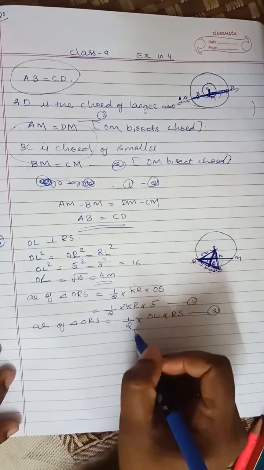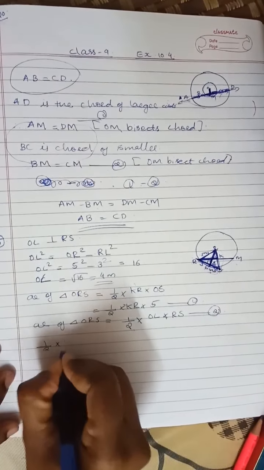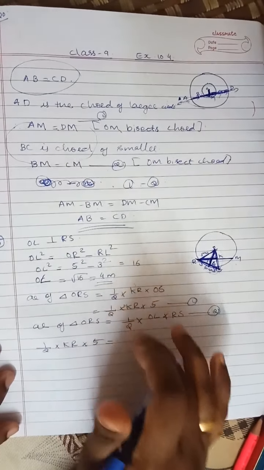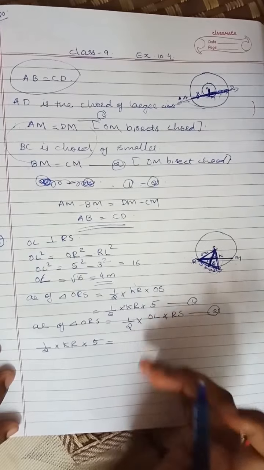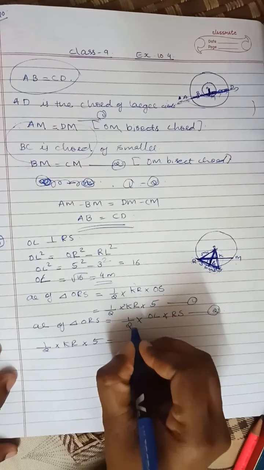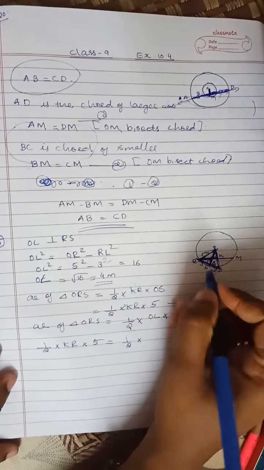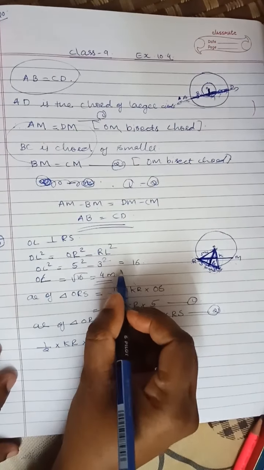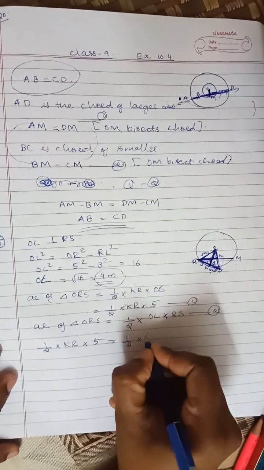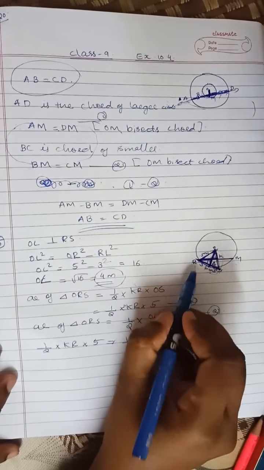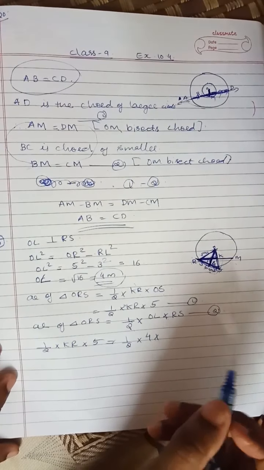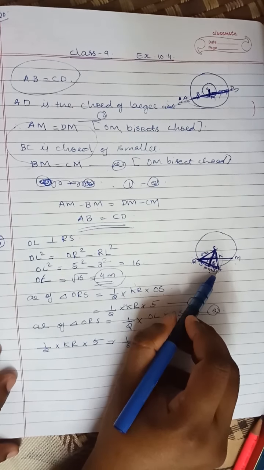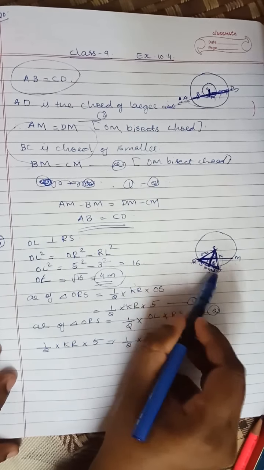So we can equate these two, because both are areas of ORS, right? Half into KR into 5 is equal to half into OL, which we calculated as 4, into RS, which is 6, the distance between these two students, correct?